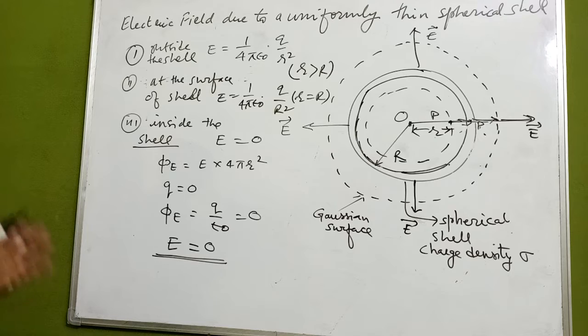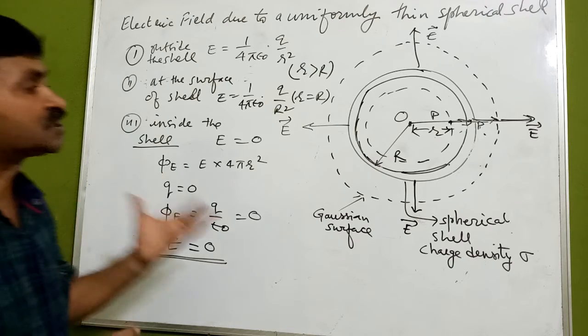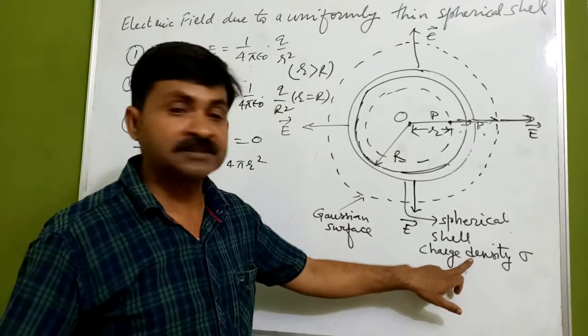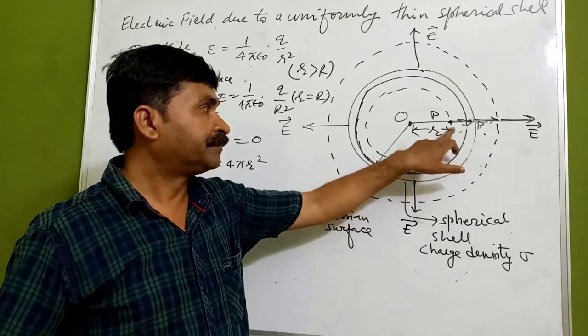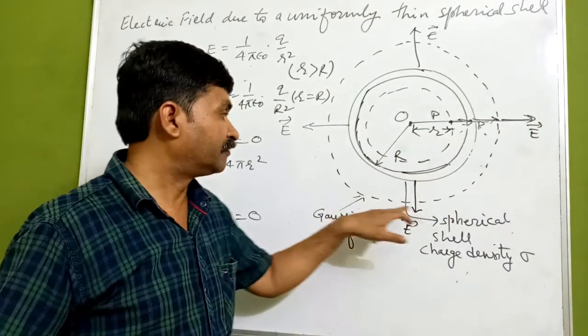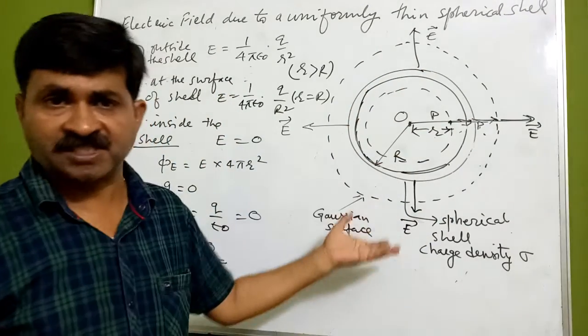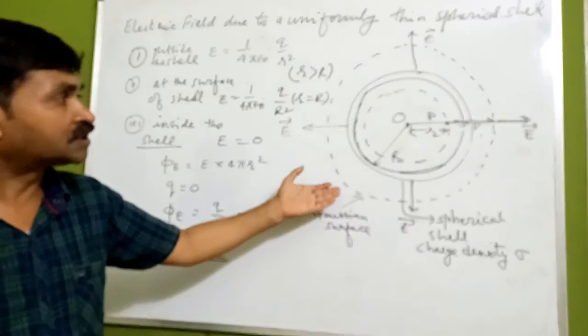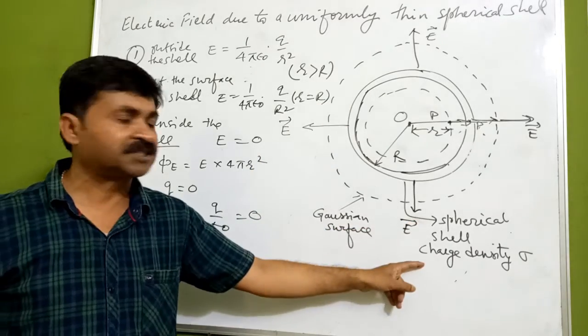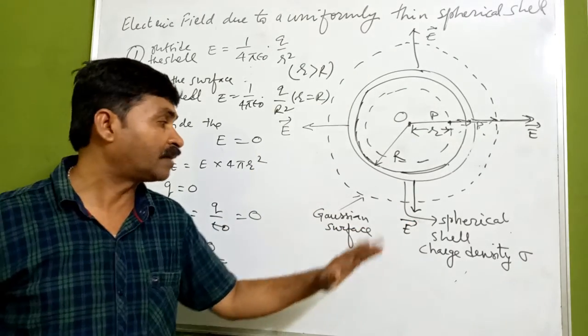So here we have discussed three cases for a uniformly charged thin spherical shell by assuming a charge density sigma. We assumed a Gaussian surface, and by assuming the Gaussian surface we defined the spherical shell's charge density sigma.